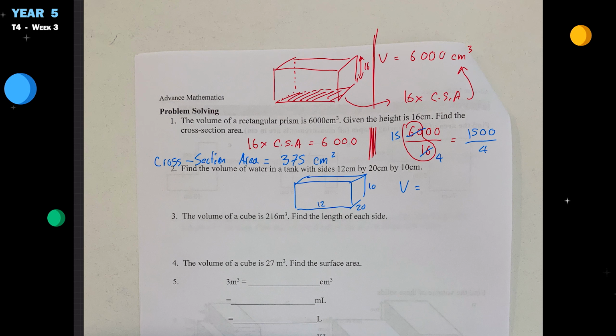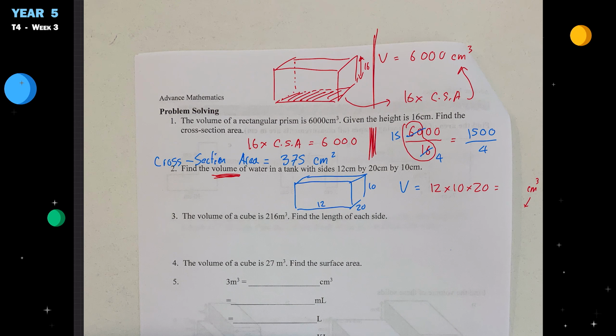Next one says, find the volume of a... hold on. Now, question 2. When it talks about volume, when you multiply 12 times 10 times 20, you're going to get a number which is in centimeters cubed, right? Then what you have to do is convert it to milliliters.